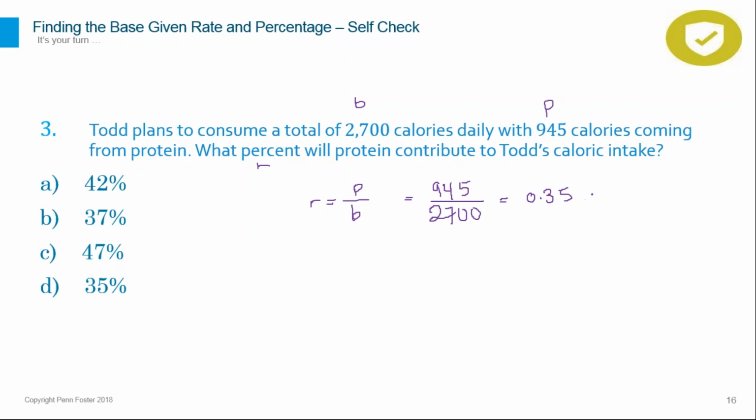Multiply times 100 to display the percent sign, so 35% of his calories will come from protein. So the answer is D. The answer here is D. Questions? Okay.